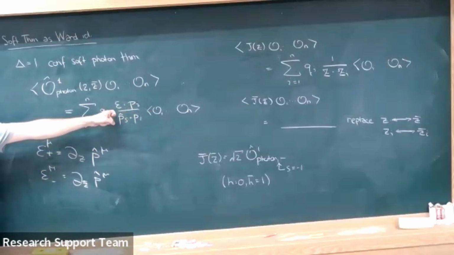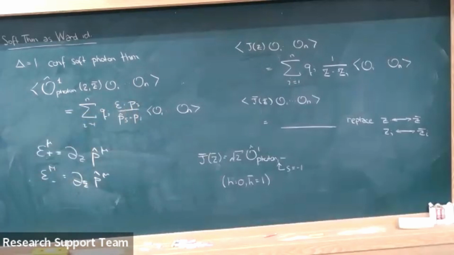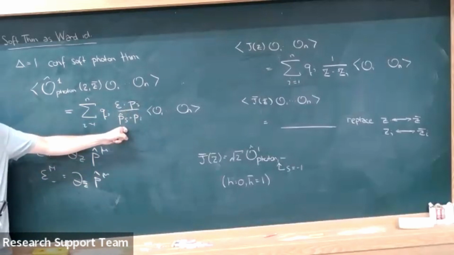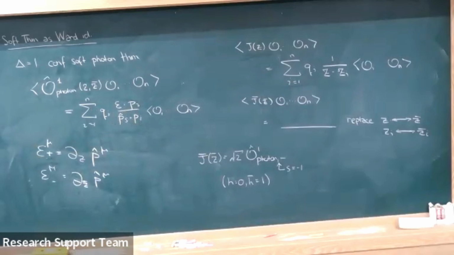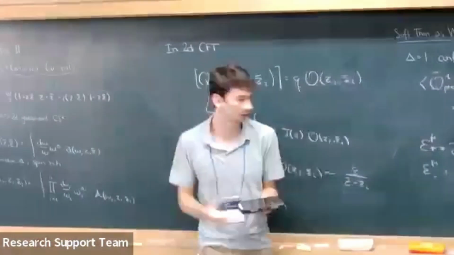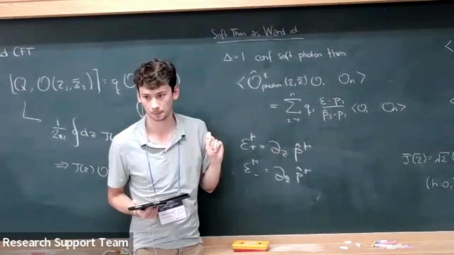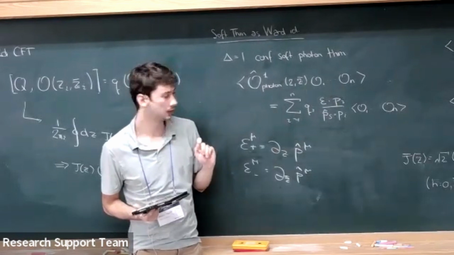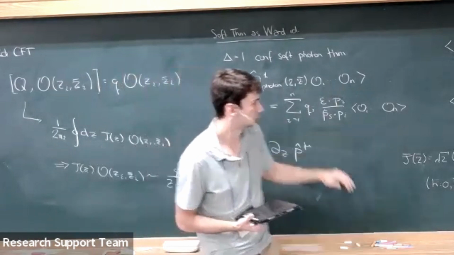I've told you what epsilon is. I told you that you can parameterize p_i in terms of z_i and z bar_i, so that's how you're getting these z_i's coming in. And then you know the parameterization for p_s as well. You might be worried that when you parameterize p_i in terms of this, there are extra factors of omega_i appearing here, but they cancel because there are just as many p_i's in the numerator as there are in the denominator. This is actually a great exercise, to use these ingredients to demonstrate that this is what's going on.